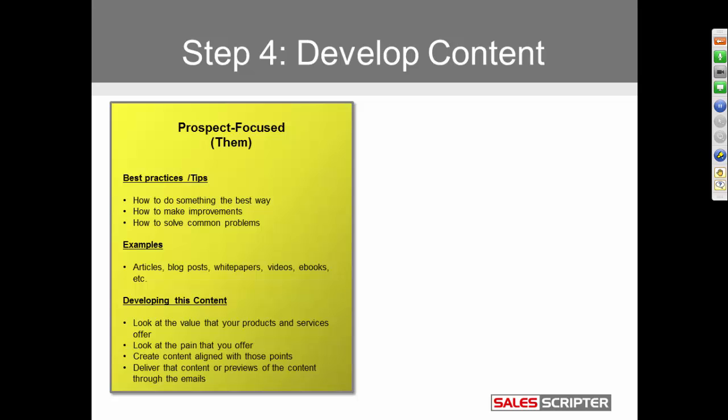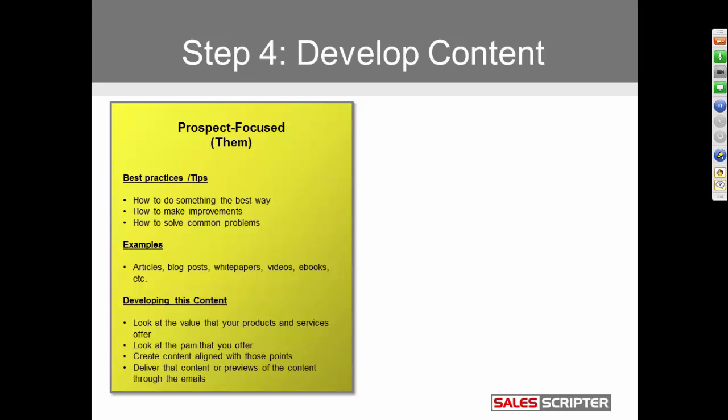And so examples of what this content might look like: you might have an article that you've either found out on the internet, or you've written it yourself, or a blog post that has some helpful information. It could be a white paper, a video, or an ebook. You can develop this content, or you can have it developed, and you could send the whole piece of content through an email to a prospect.